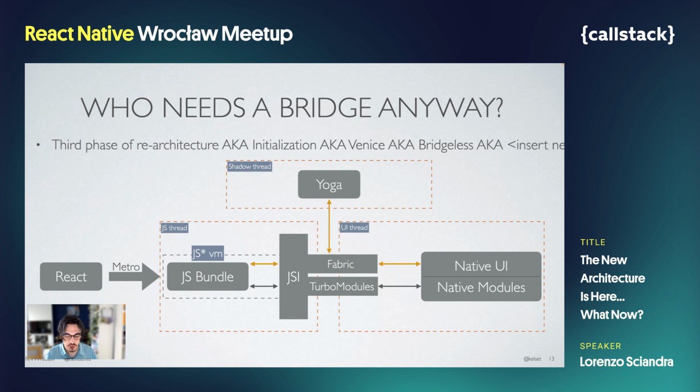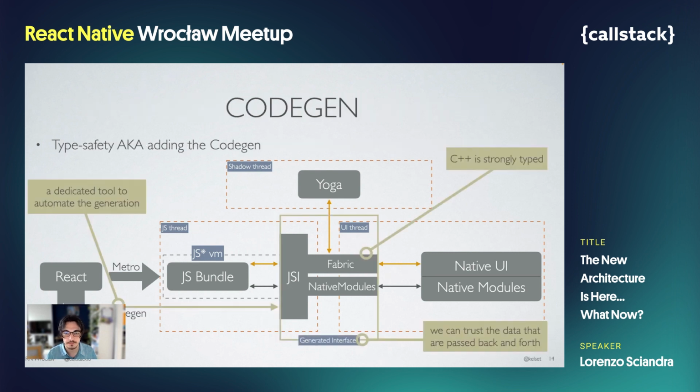Basically, to ensure a smooth transition to the new architecture, the Meta team wants to keep the bridge around so that the old world and the new world can coexist for a bit. And so it will only happen in the future that the bridge will disappear once and for all, and we will only be in this new architecture way.